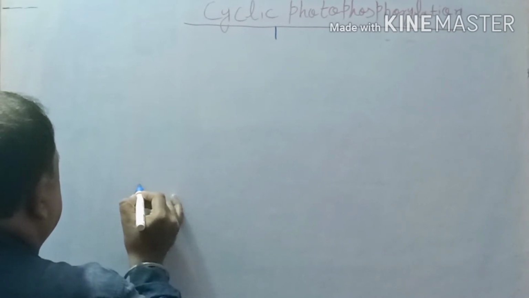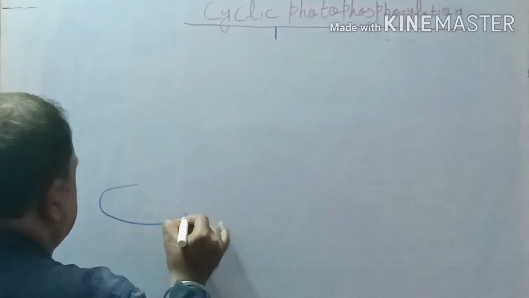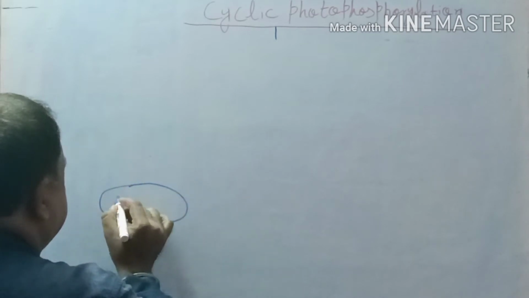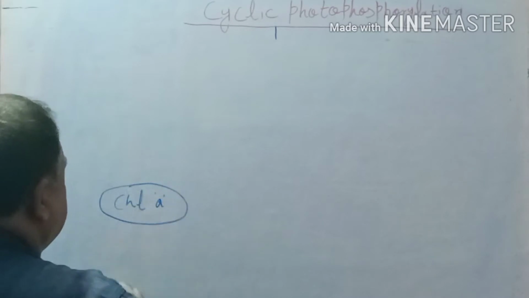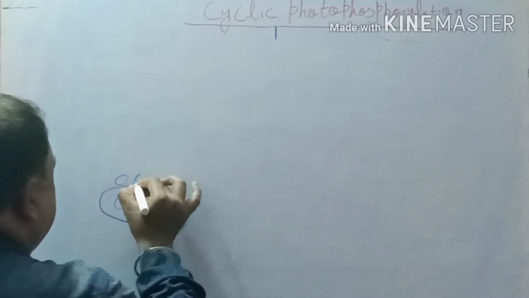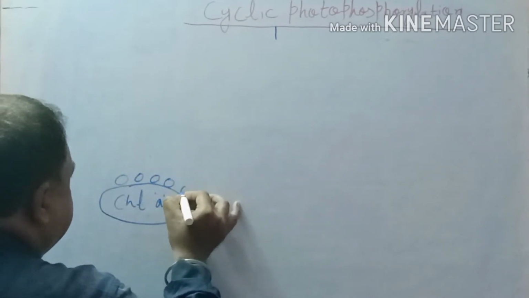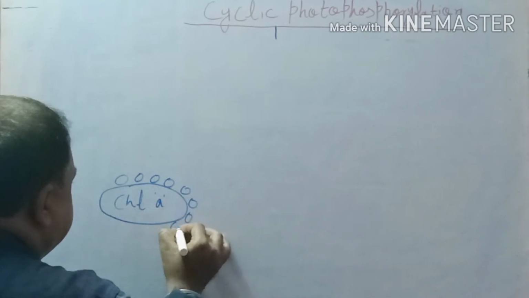Here the reaction center, that is chlorophyll A, is present along with accessory pigments like this.